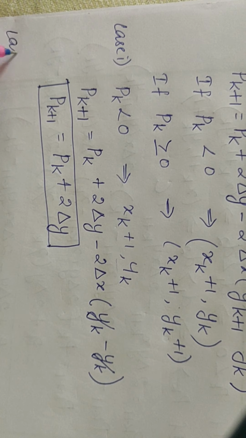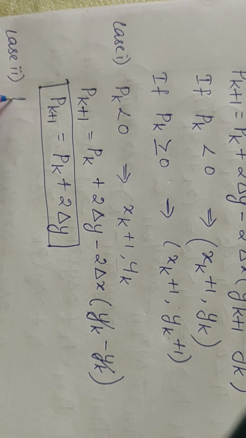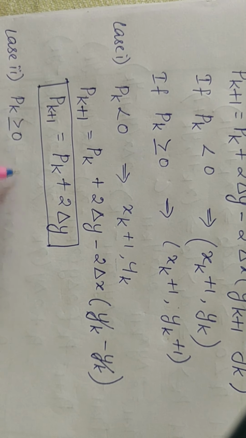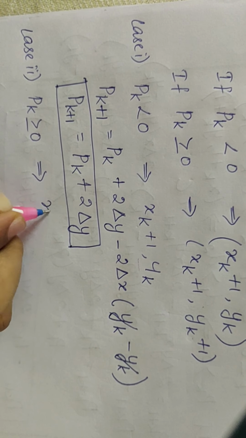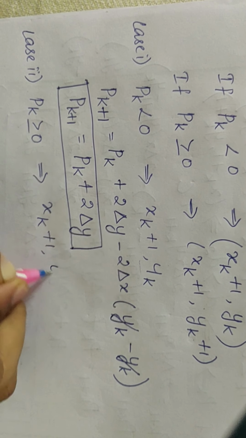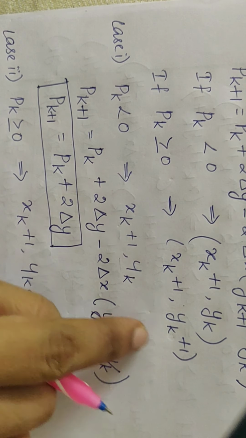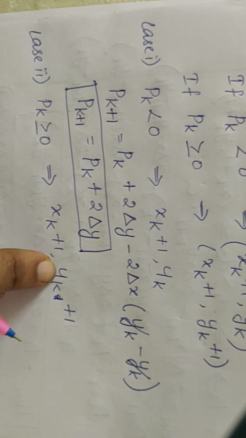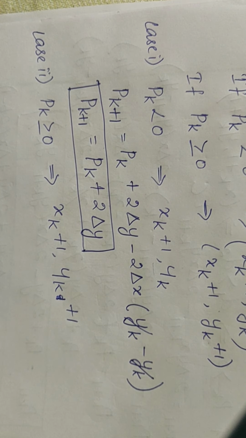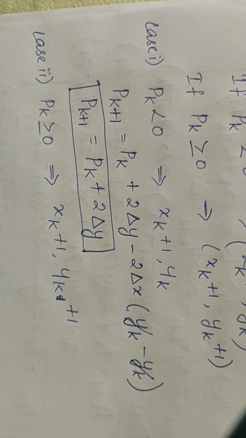Coming to the next case, case 2: pk is greater than or equal to 0, so xk plus 1 comma yk plus 1. For the next pixel, both are incremented by 1.